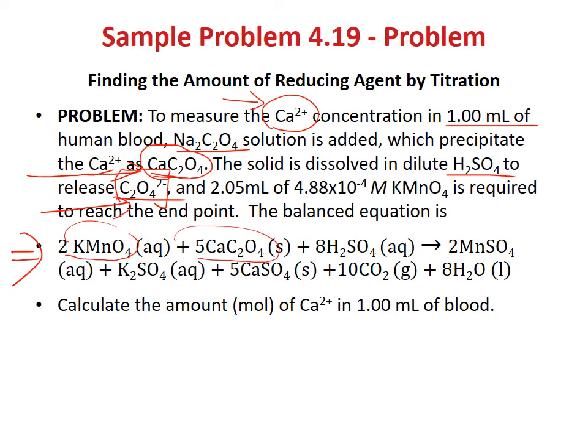All right. So it was found that we need 2.05 milliliter of 4.88 times 10 to the minus 4 molarity potassium permanganate to reach the end point. So for the titration, we measure the volume, which is 2.05, and we know the molarity for potassium permanganate.